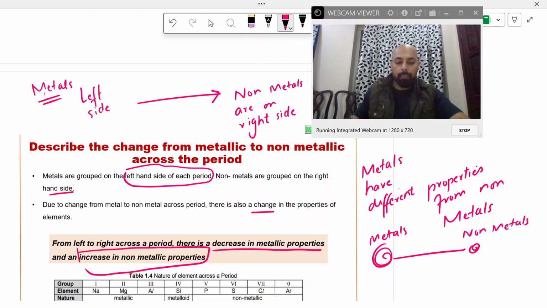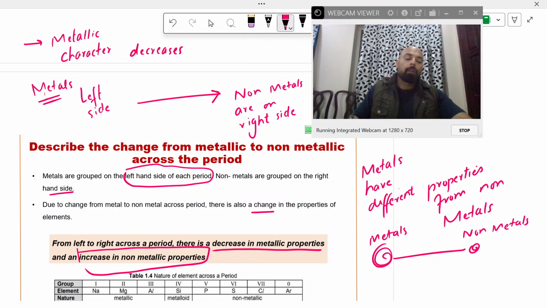Or you can also say this, that metallic nature or metallic character decreases across the period.